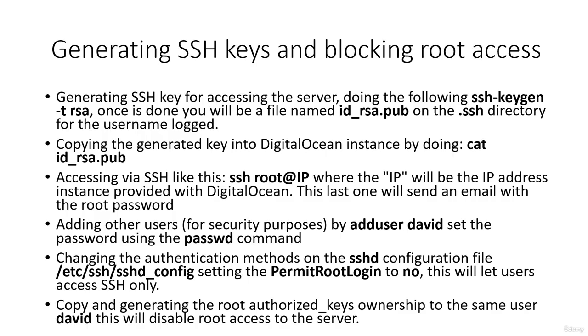Set the password using the passwd command, and change the authentication method in the sshd configuration file to let the user access via SSH only. After that, copy the root authentication key ownership to the same user, David. As you can see, this will disable the root access to the server.